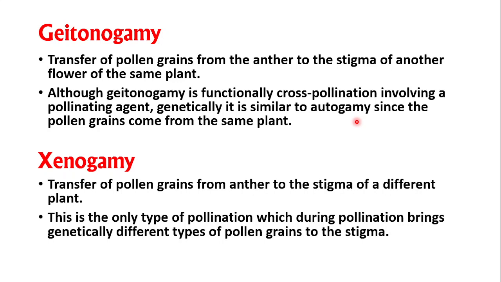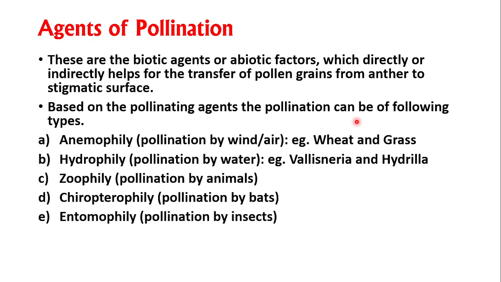So coming to the next one, that is agents of pollination. What exactly is meant by the agents of pollination or pollinating agents? See, dear friends, remember that for the transfer of pollen grains from the anther of a flower to the stigma of another flower, or the same flower, it is not possible for the pollen grains to move freely. Why?